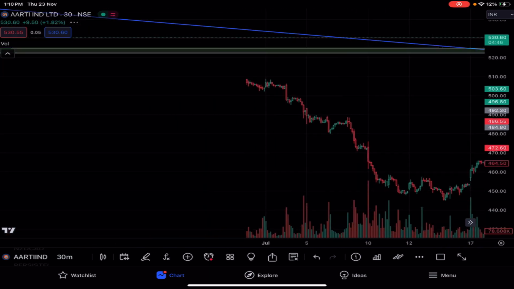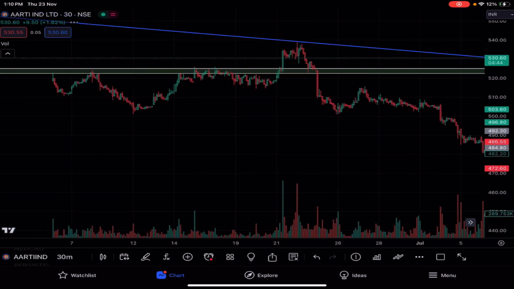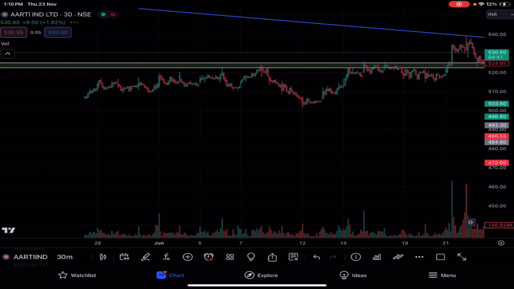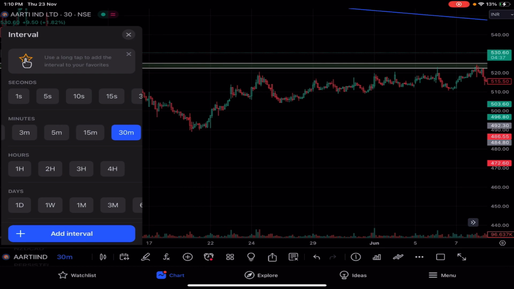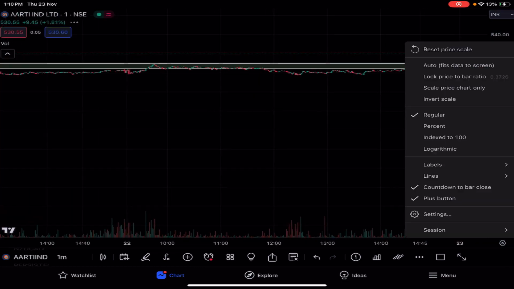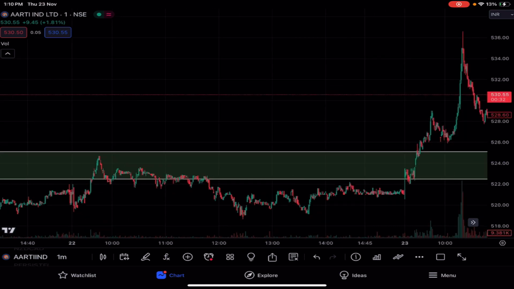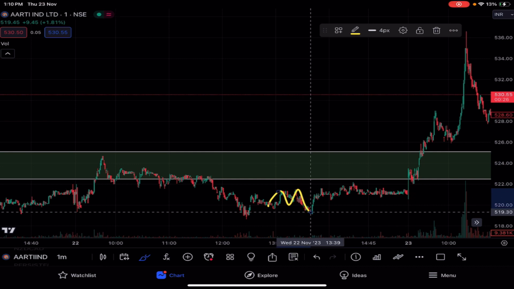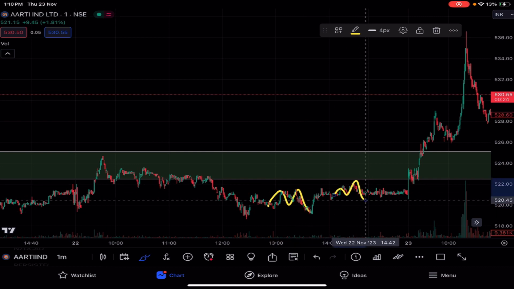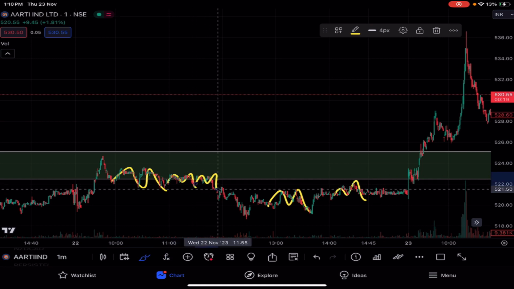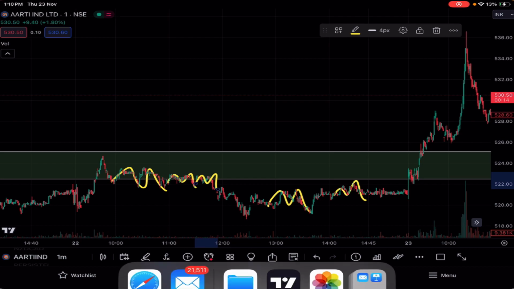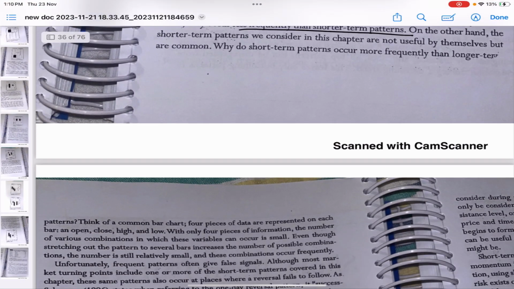That's it. Now let me go on a 1-minute chart and find double tops. This is a double top, this is a double top, this is a double top, this is a double top. Did you see that the frequency of the pattern occurring on a shorter time frame is more than on the longer time frame? That's what they have explained.